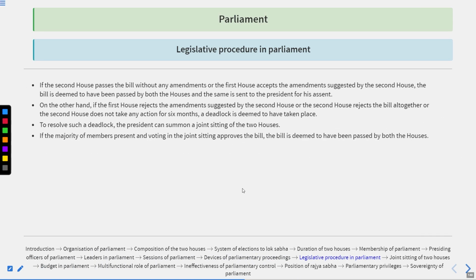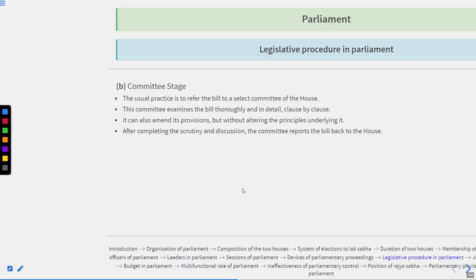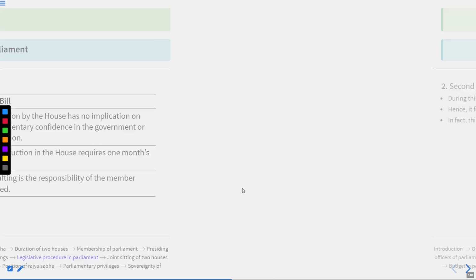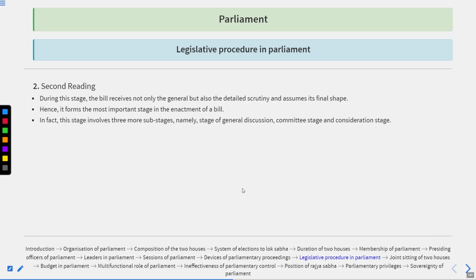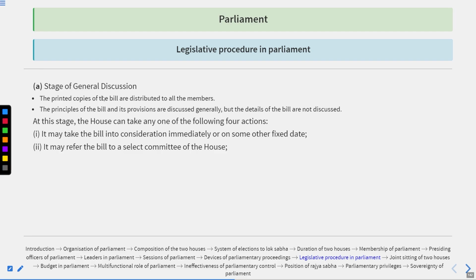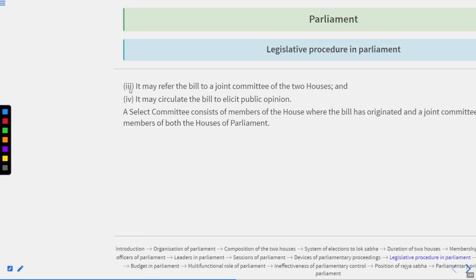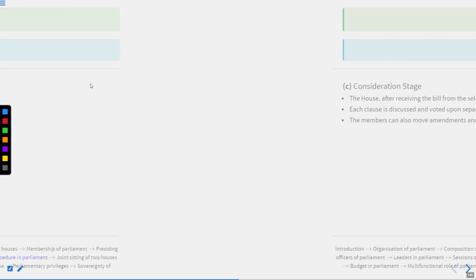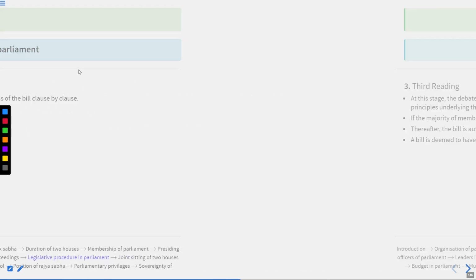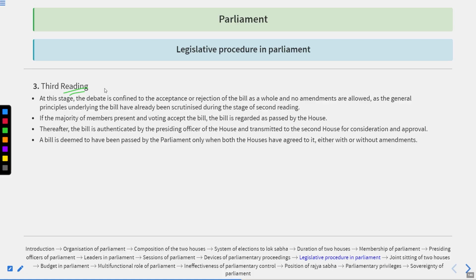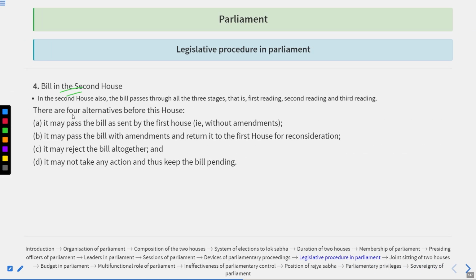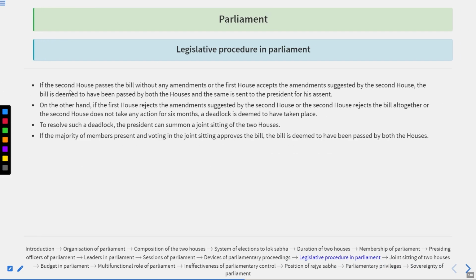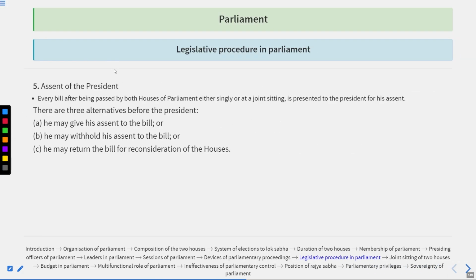In the previous lecture, we saw the bills and the second reading provision, the stages of general discussion, the joint sitting provision, committee stage, consideration stage, third reading, what happens to the bill in the second house, the legislative procedure, and finally the assent of the president.